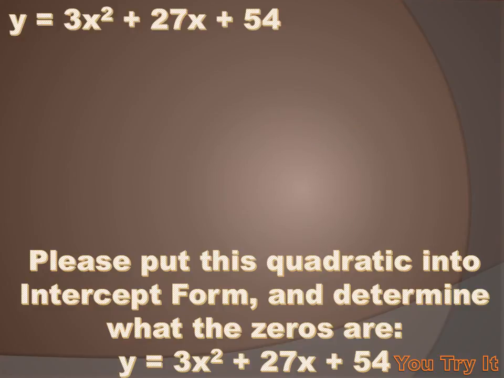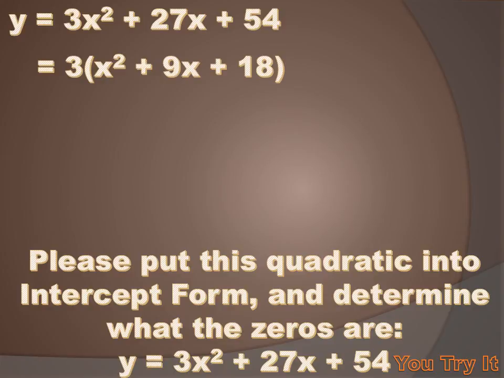Okay, I want to see if I can put this equation in intercept form. y equals 3x squared plus 27x plus 54. And the first thing I see is that I can factor out an a value. I can factor out 3 from each of the coefficients. And then it would read 3 times x squared plus 9x plus 18.